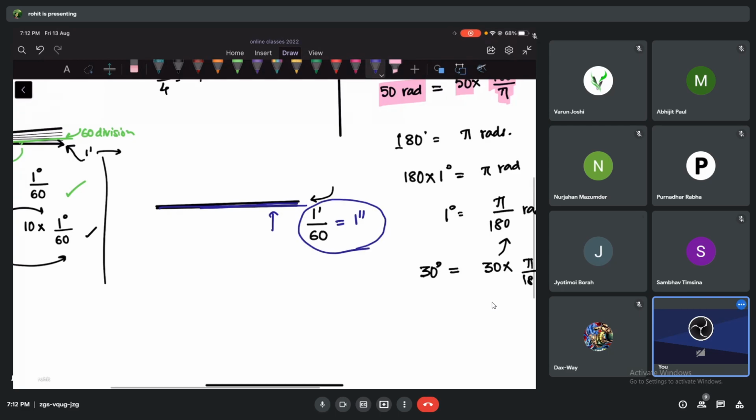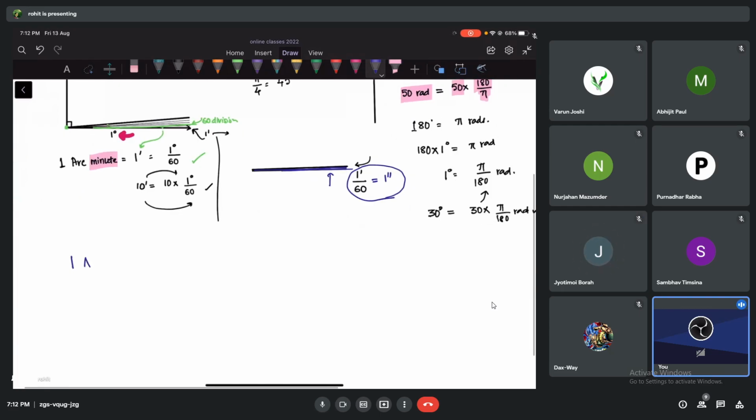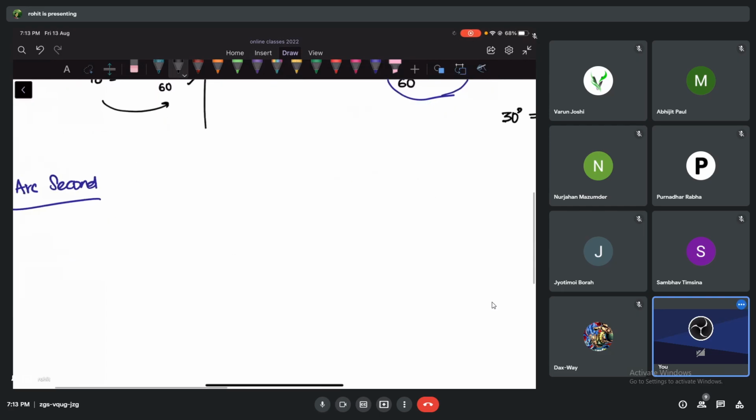I hope you understand what 1 arc second is. Let me write. We have 1 arc minute and we have 1 arc second. This is what we have as small angles. Now 1 arc second is equal to 1 arc minute divided by 60. It's a very small angle, but we already know that in place of 1 arc minute I can write 1 degree by 60 again.